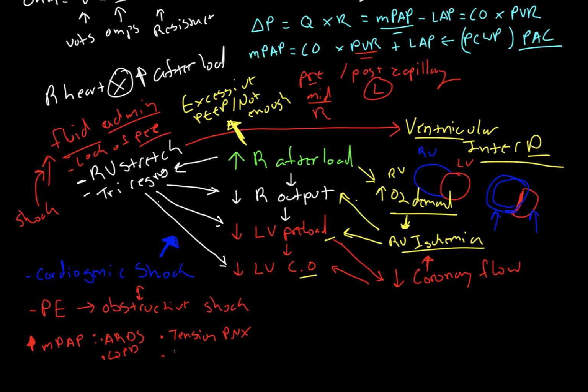We can also have cocaine. I can barely read that. And meth use. Okay, those will increase your pulmonary artery pressures. And then, like I said, we'll have our PEs and obstructive shocks.